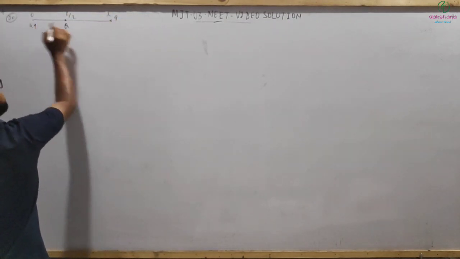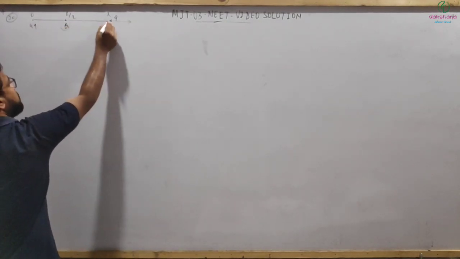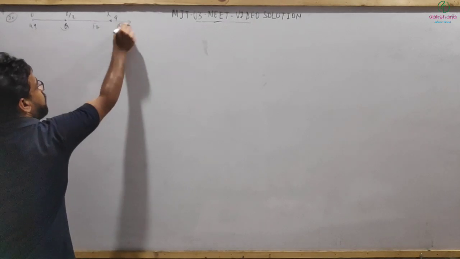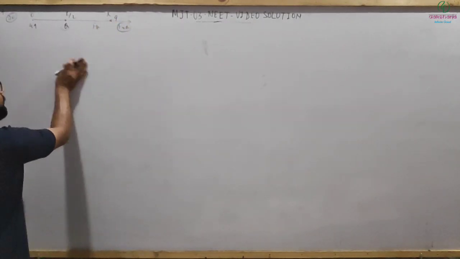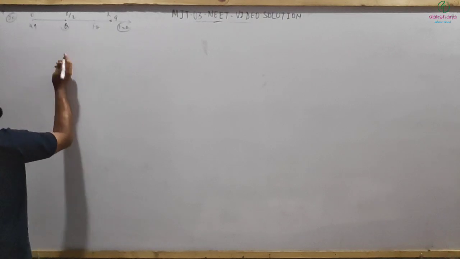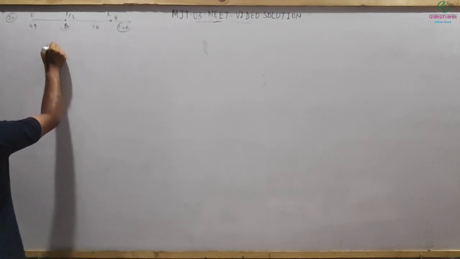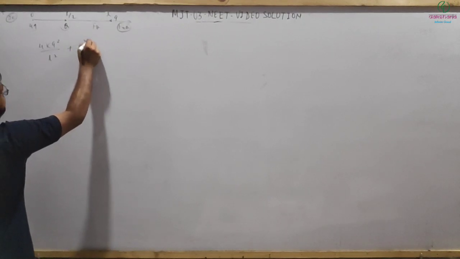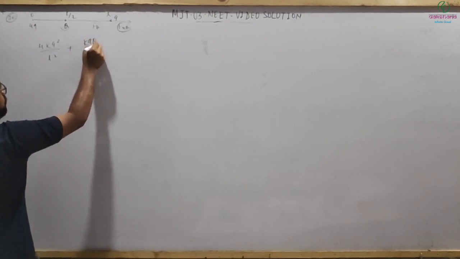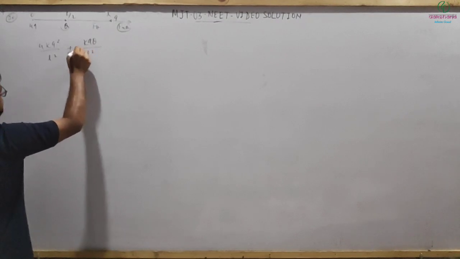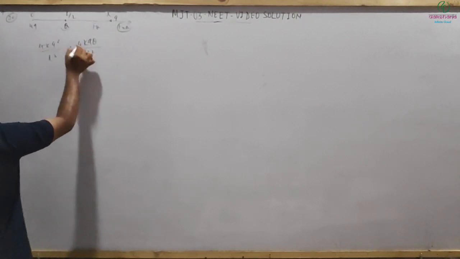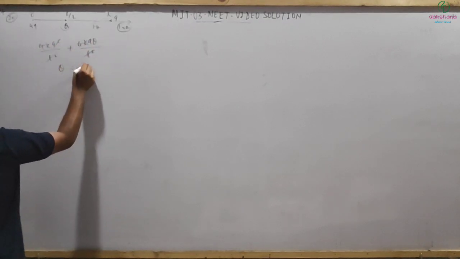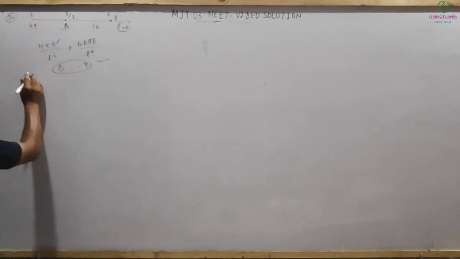Same charge force will be repulsive, so it must be opposite, then only it's possible: force from q and force from 4q on this. So we can write the net force must be 0: k Q q over L squared into 4, plus k q Q by L squared... the k over L squared gets cancelled, so capital Q is equal to minus q, and that's matching with option number 1.